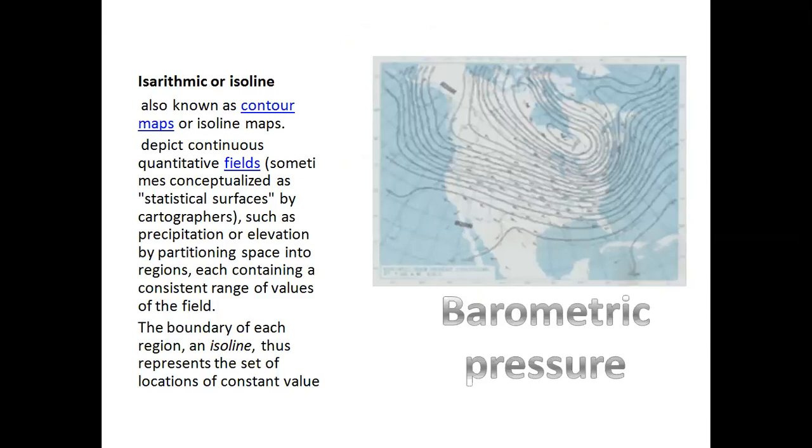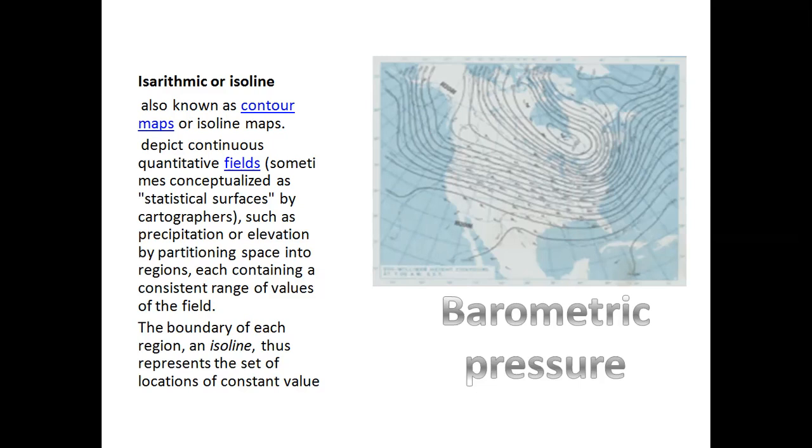And another thematic map is isarithmic or isoline map. This isarithmic map is also known as contour map. What is meant by contour lines? The contour lines are lines joining places of equal height. If we show them on a map, it is called contour map or isoline map.